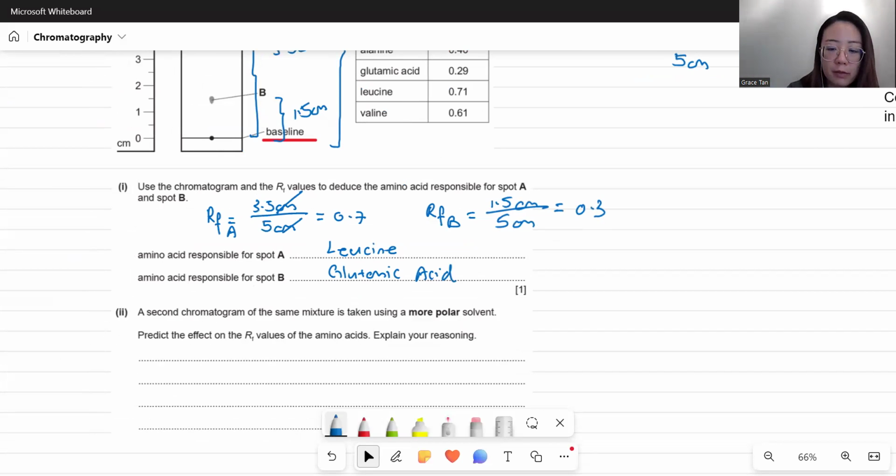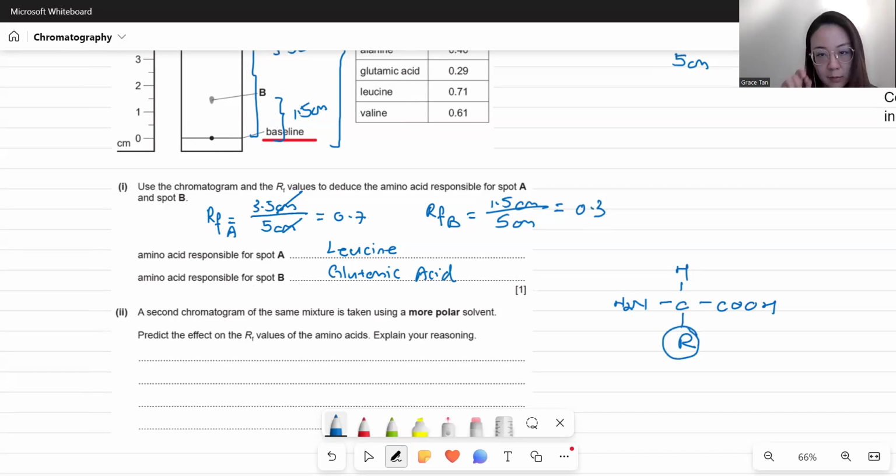First and foremost, you need a little bit of background on amino acids. An amino acid has an amino group here, a central carbon, a carboxylic acid, and this is your R. There are 20 types of R, which account for the 20 types of amino acids. But the basic structure is an amino group, a CH, and a COOH.